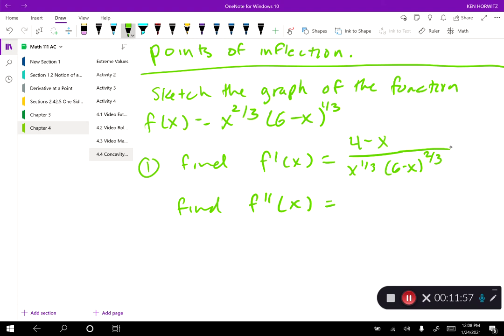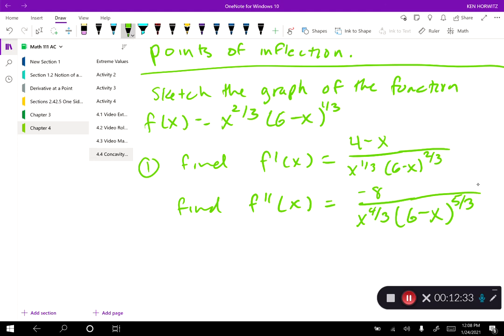All right. So to do the second derivative, there are two ways. First of all, you could take the first derivative and use the quotient rule, or you can use logarithmic differentiation, which we haven't discussed yet, but if you know it, you're welcome to use it. I got -8 over x to the 4/3 times 6 minus x to the 5/3.